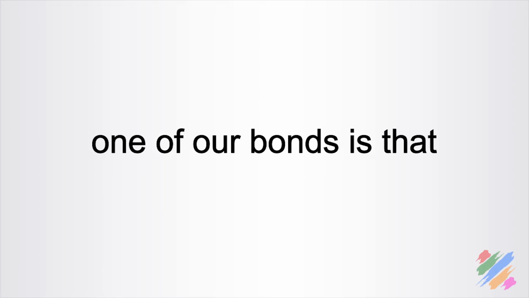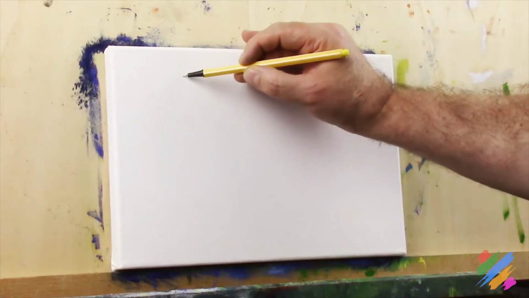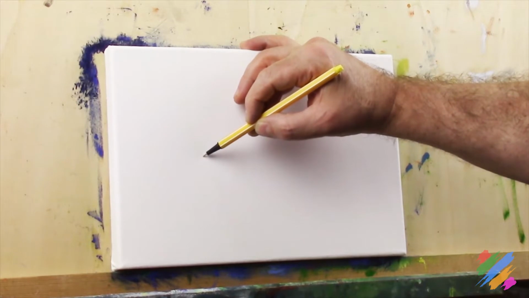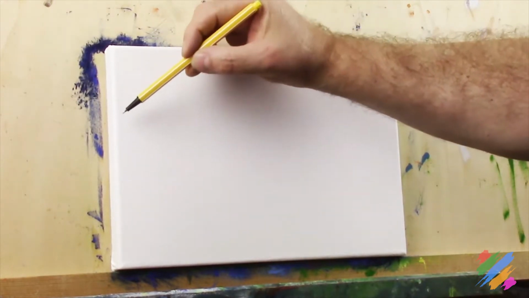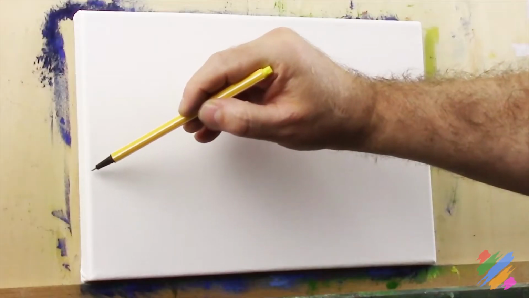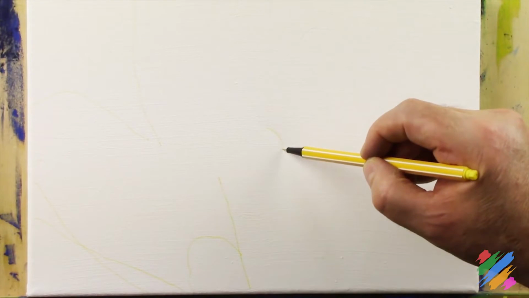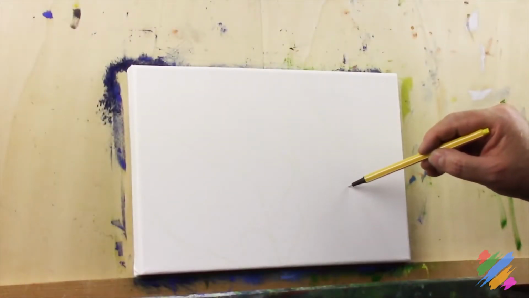One of our constraints is that all the areas that we're going to paint should be somehow elongated. So we will use the lines that we are drawing as reference to help us paint those areas later without paying too much attention to their shapes. We're going to decide later, when we start painting, the shape of each one of them.